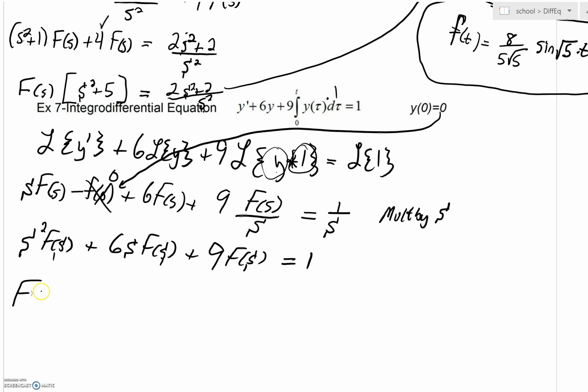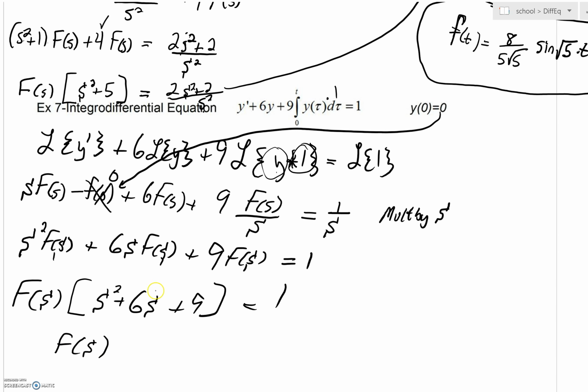Well, we can factor out an f of s from this, and you'll be left with s squared plus 6s plus 9, which, by the way, I hope you're going to be able to quickly see this factors. And it factors, guys, into s plus 3 quantity squared.